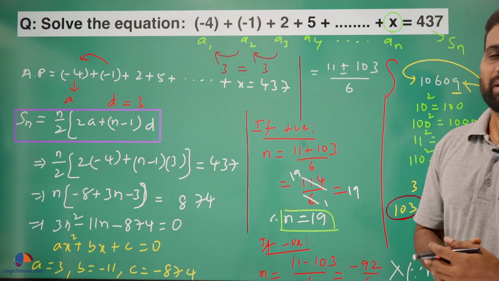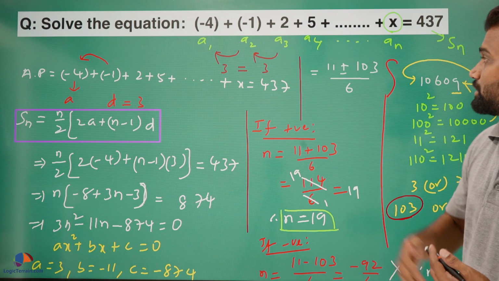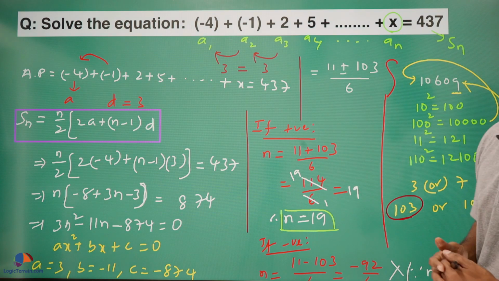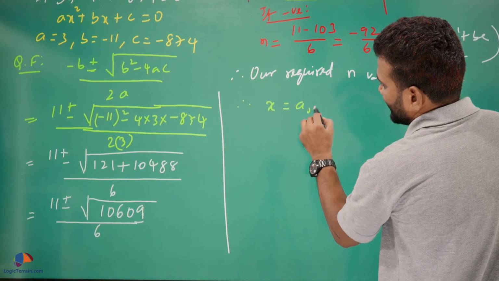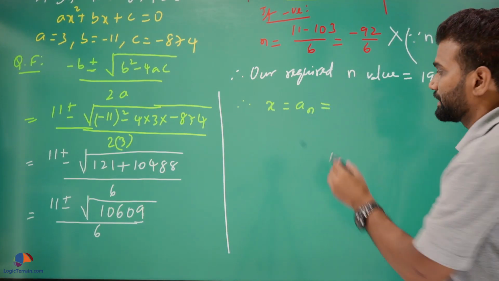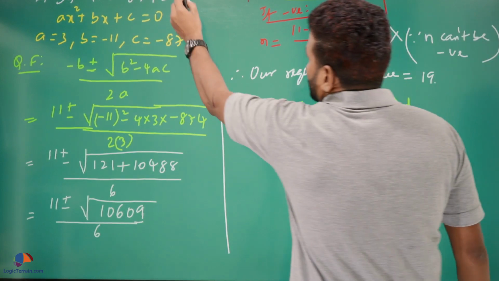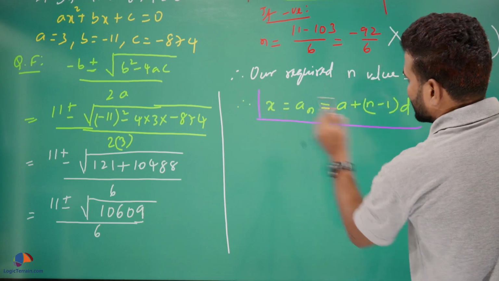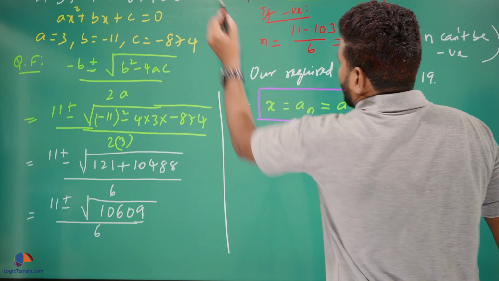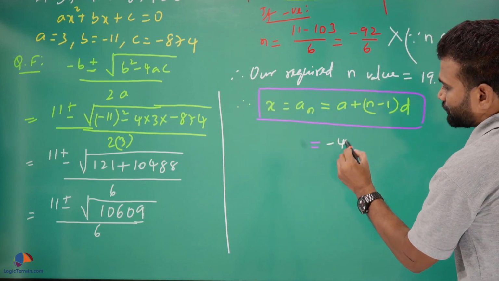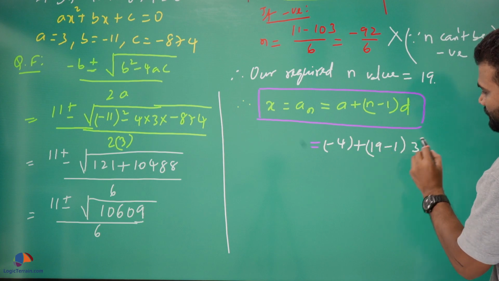So therefore, in this sequence, how many terms are there? There are 19 terms. So by using n, now we'll find x. Therefore x is equal to a_n, by using the nth term formula, that is a plus (n minus 1) into d. So we'll substitute the values here. a is negative 4, plus n we got 19 minus 1, and d we have 3.